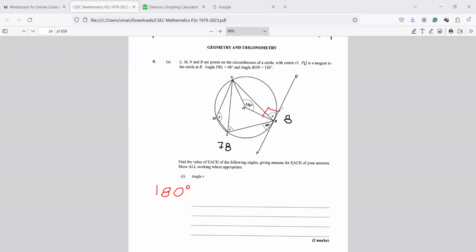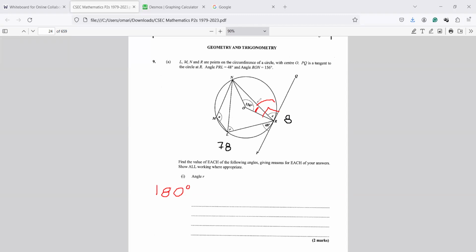So if we know that this entire thing is 90 degrees, and this angle in the isosceles triangle is 12, then the remaining portion, which is E, you can easily get. That's an alternative approach, and you would have gotten full marks for that, right?